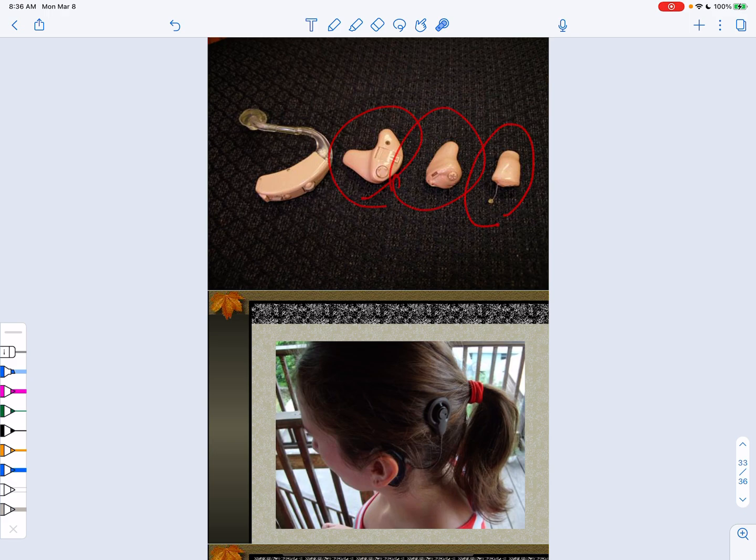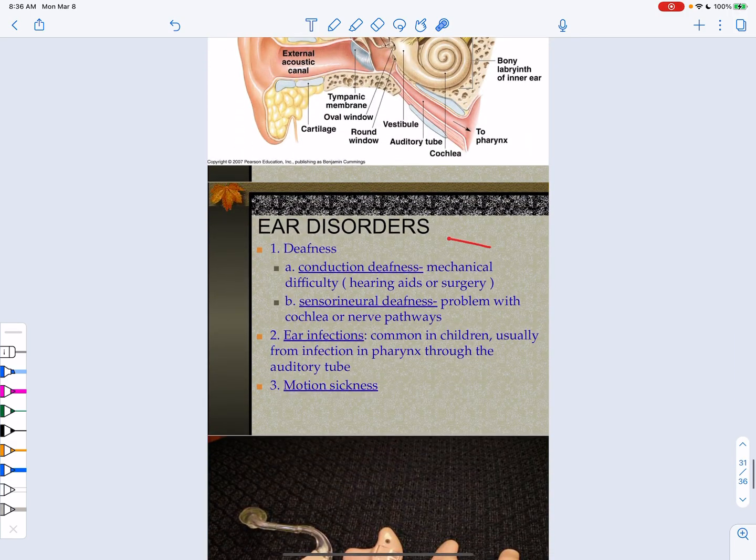This one here is the one that I mentioned goes in the ear canal, and you barely even see it when you look in the ear. You have to look really hard in the external acoustic canal in order to see those. Okay, so this is conduction deafness. And that means that you're having trouble with the movement of the sound waves, okay?